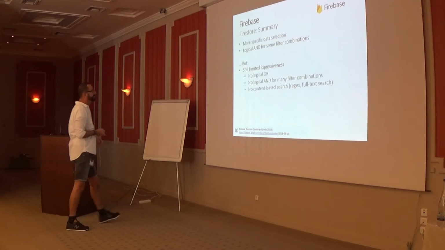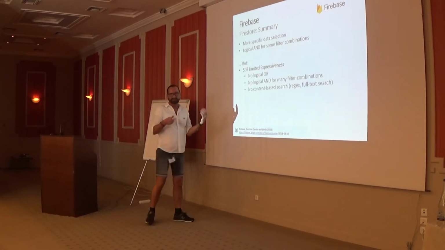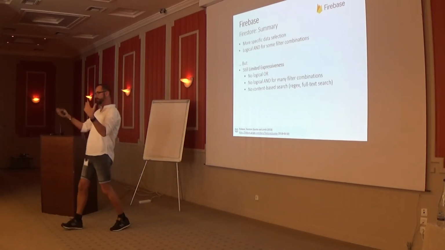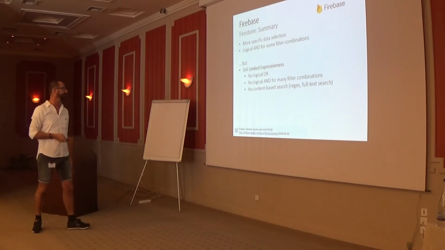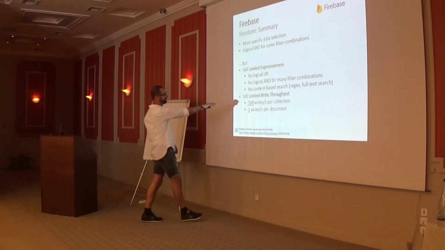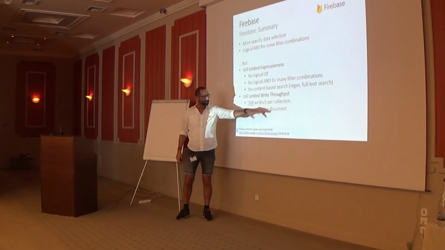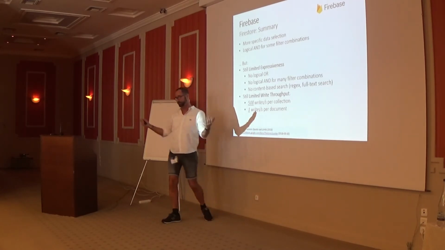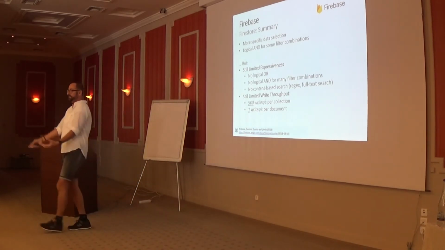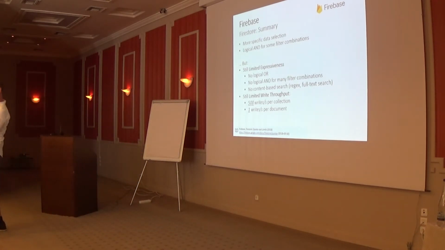You still have no logical OR and other things you actually want to have if you want to implement such a thing. And it's still limited in terms of write throughput: 500 writes per second per collection, 1 write per second per document. So this is what you get if you buy the system, and I think this is by far not sufficient.